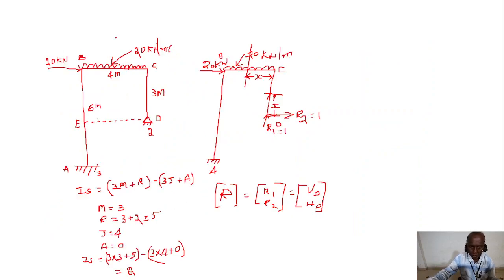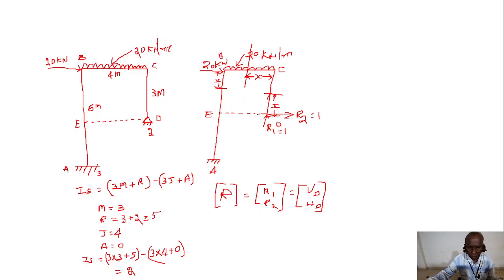First, due to external load. Suppose this is the point E. Now you will take some distance from B, that is X, and find the moment due to external load.